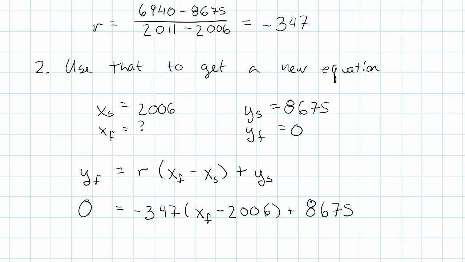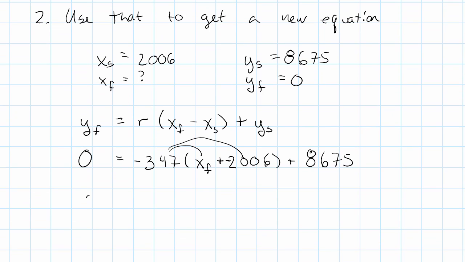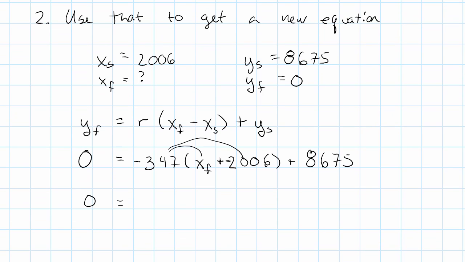Okay. So it looks like this is one of those equations where I need to simplify first. So I'm going to rewrite my subtraction as plus the opposite, and now I'm going to use the distributive property. On the left I've still got 0.